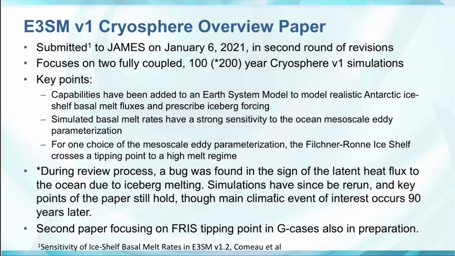The second is that for the simulated basal melt rates we've seen a strong sensitivity to the ocean mesoscale eddy parameterization. Essentially, there's a strong sensitivity to the ocean state, and we found that this knob of changing the mesoscale eddy parameterization helps us avoid a tipping point behavior under one particularly large ice shelf, the Filchner-Ronne ice shelf, which can transition to a very high melt regime.